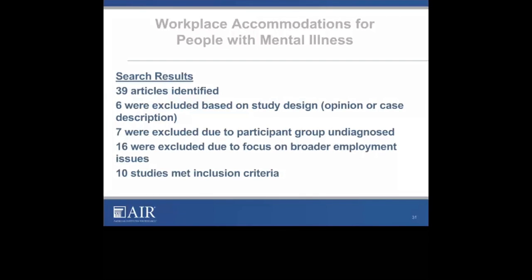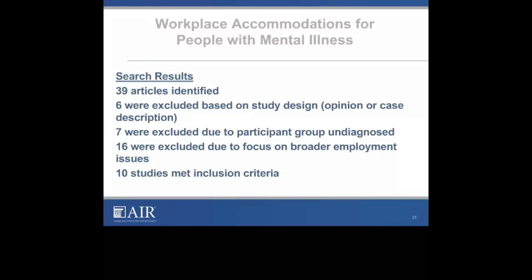In this case, they didn't go into any detail about how many articles they identified in the literature search to get to the 39. Often, we'll find there'll be thousands of articles.